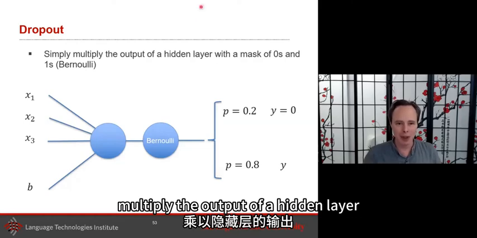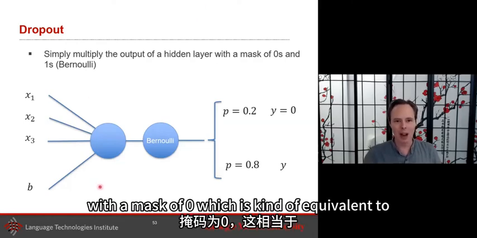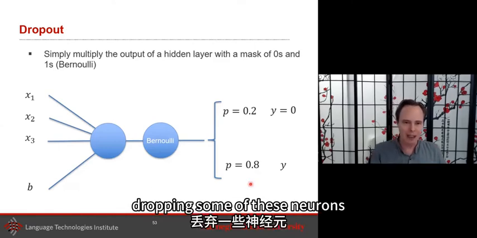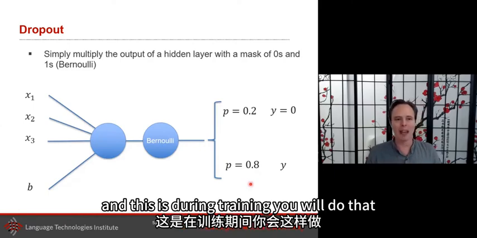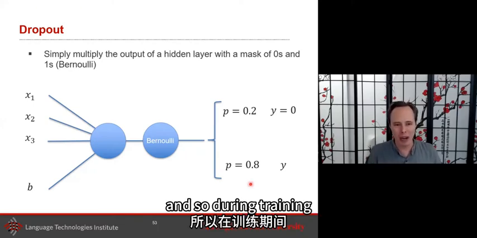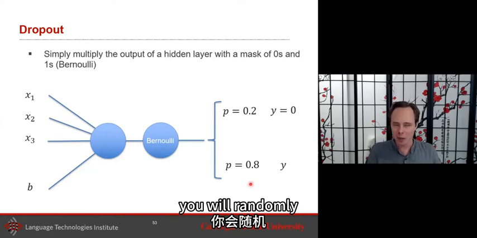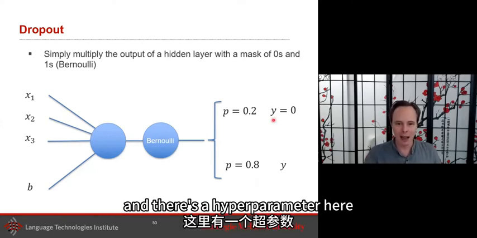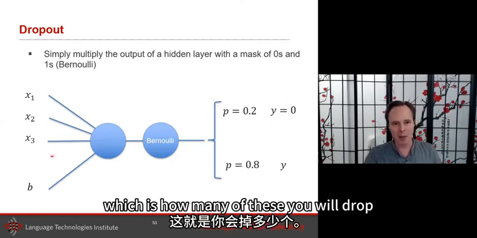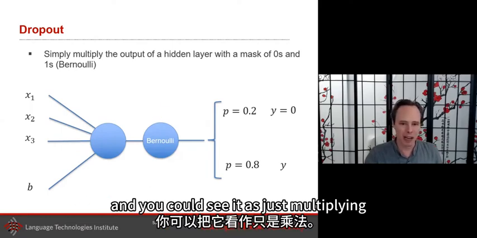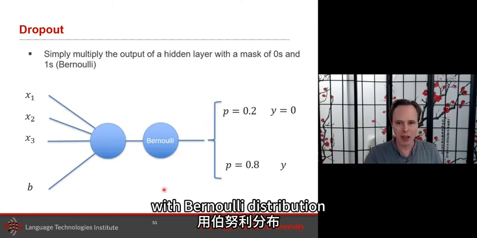There are different approaches, but one that has worked very nicely is to simply multiply the output of a hidden layer with a mask of 0, which is equivalent to dropping some of these neurons. You do this during training. You randomly drop neurons, and there's a hyperparameter for how many of these you drop. You could see it as just multiplying with a Bernoulli distribution.